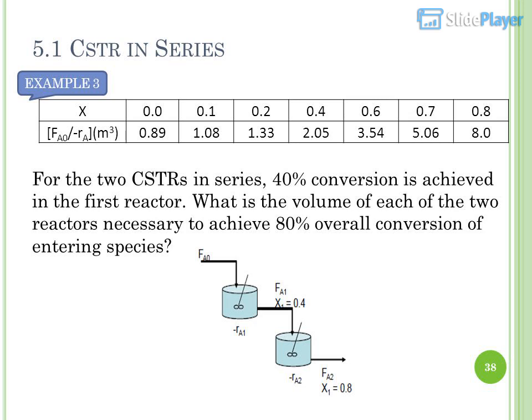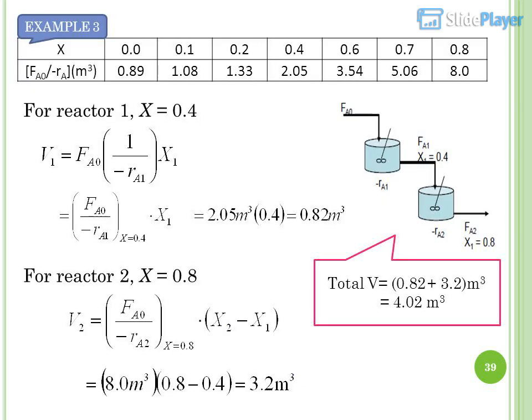For two CSTRs in series, 40% conversion is achieved in the first reactor. What is the volume of each of the two reactors necessary to achieve 80% overall conversion of entering species? For reactor 1, X equals 0.4. For reactor 2, X equals 0.8.